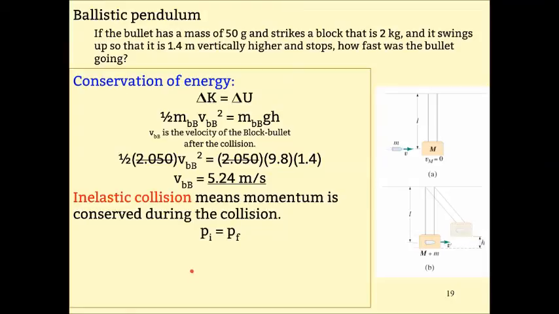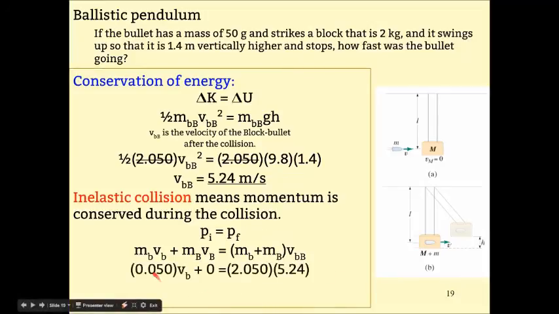So the initial momentum is equal to the final momentum. The initial momentum comes from the momentum of the bullet and the momentum of the block, and the final comes from the combined masses and the velocity that we just found. So the formula looks like this. There's the bullet momentum, there's the block momentum, and this is the bullet block momentum.